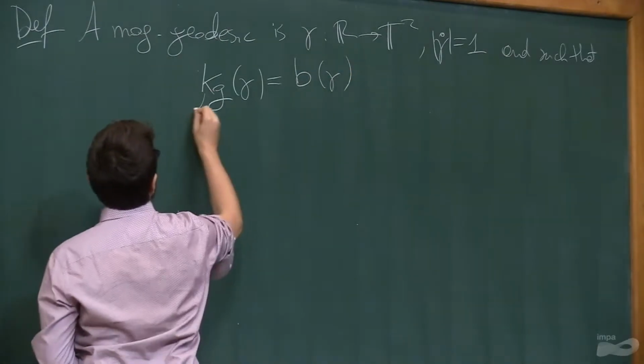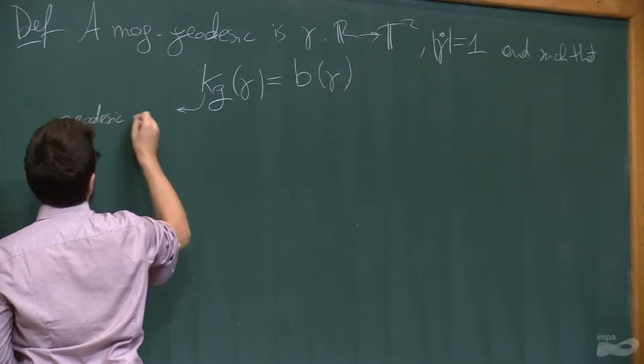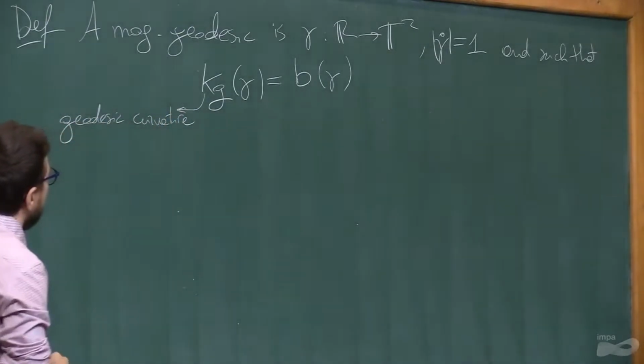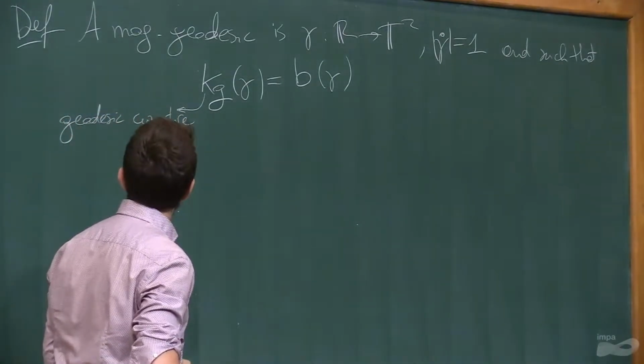So this is the geodesic curvature. And basically what I'm saying here is that this function B prescribes my geodesic curvature at every point.